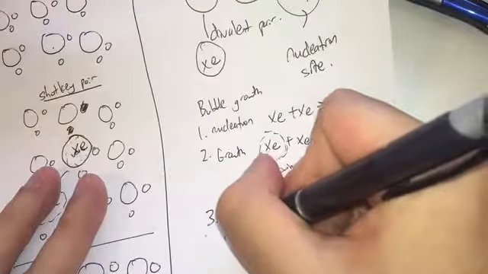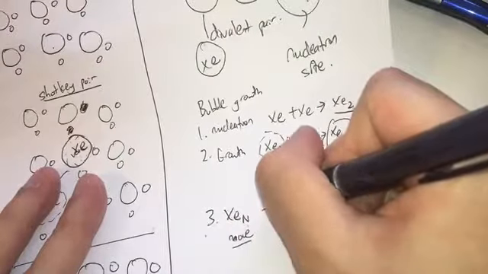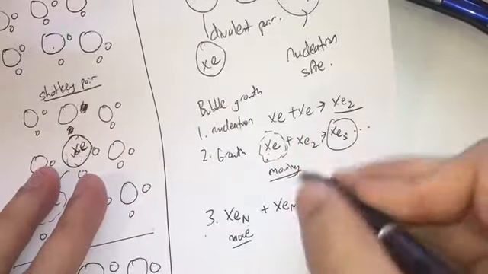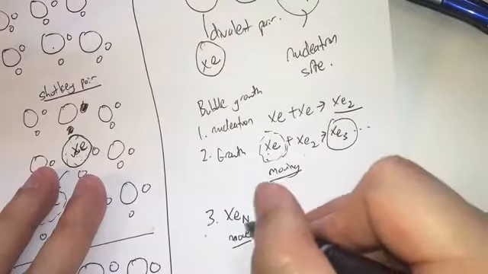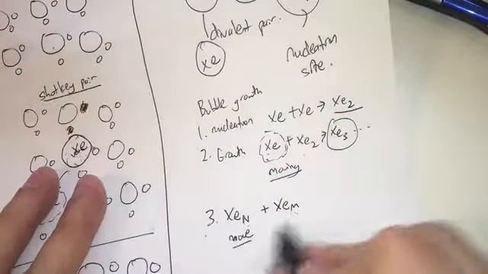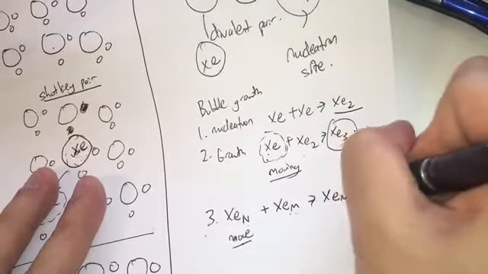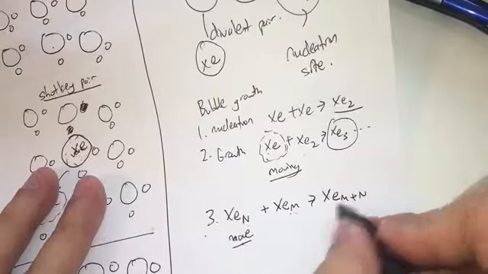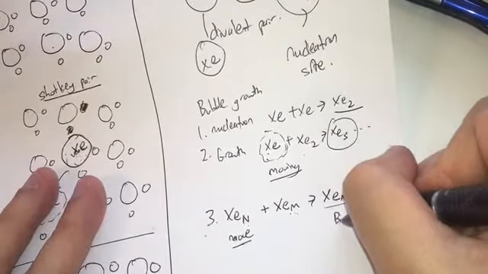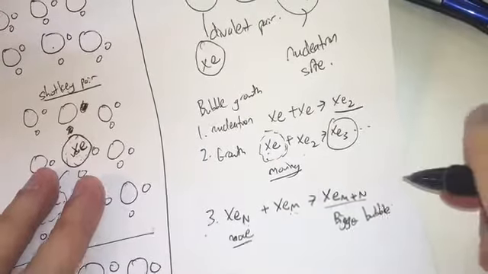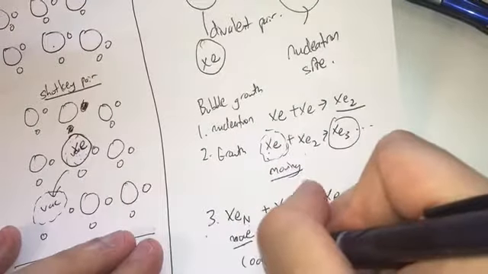When this moves to make maybe Xe_m, so there's an m number of atoms here and n number of atoms here, this bubble is moving to this bubble, and they have a new bubble, a bigger bubble forming. This is called coalescence.